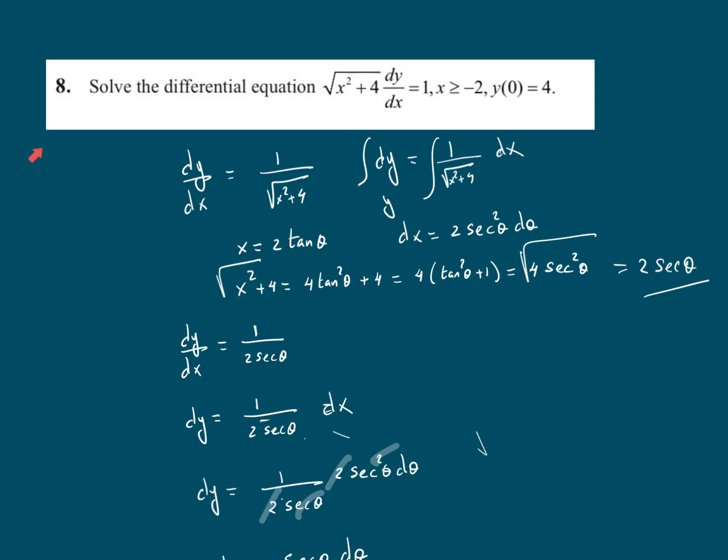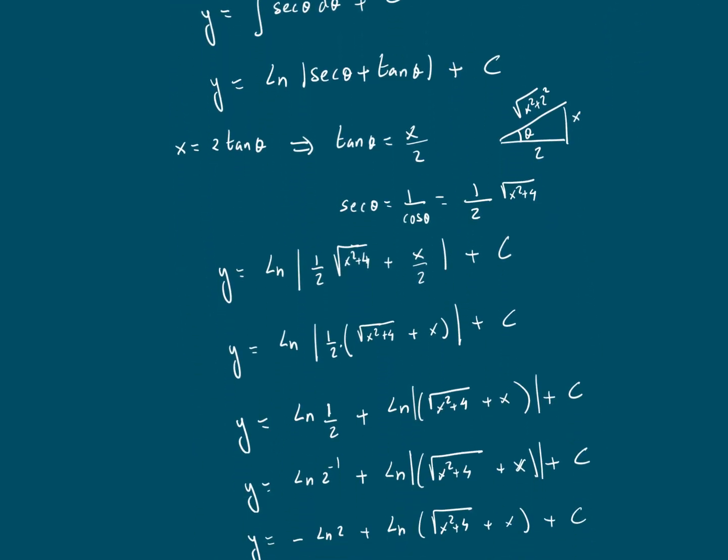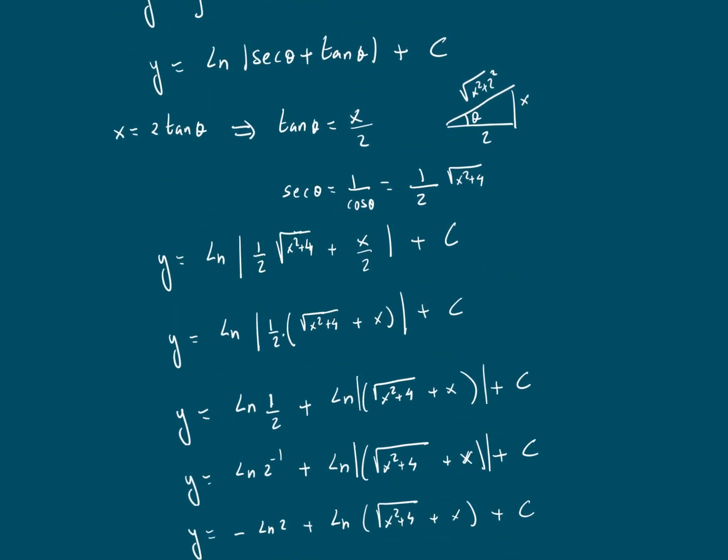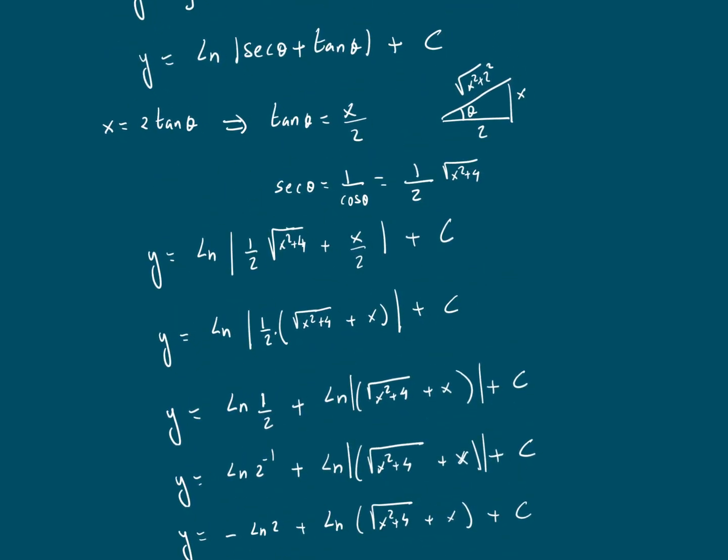So we go to our result that we found here, and we plug in the initial condition to solve for c. The result that we found is that y is the natural log of this expression plus c.